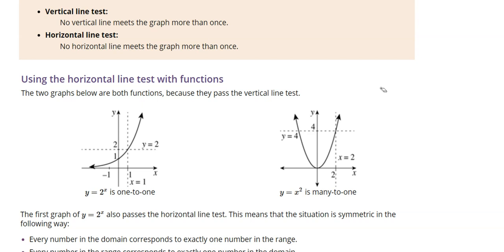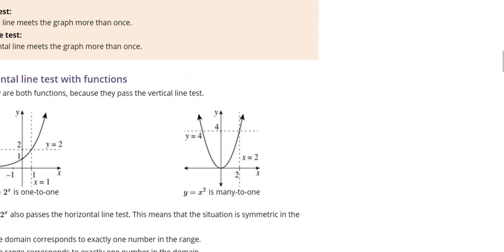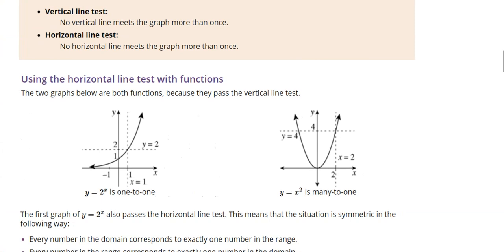They're just nice and friendly. Passes the vertical line test, passes the horizontal line test. If it passes both of those tests, it's one-to-one. I'll draw up a little table of pass, fail, and what the outcome is, but let's wait till the end.